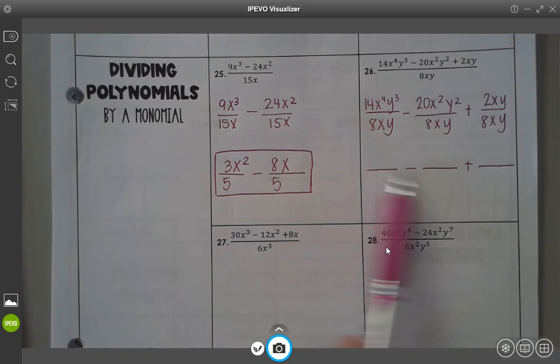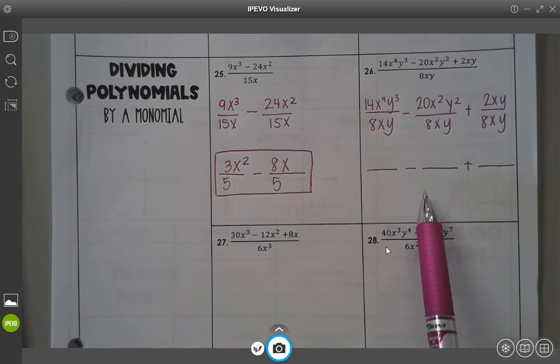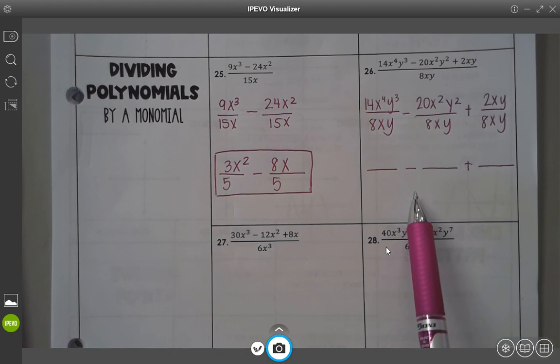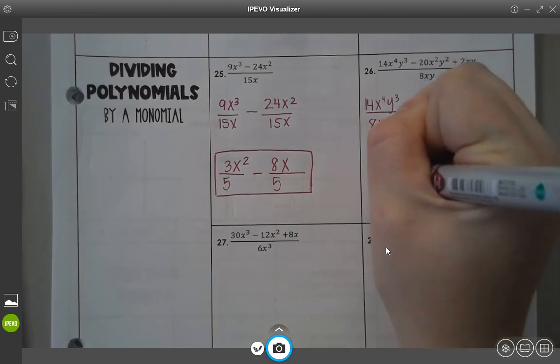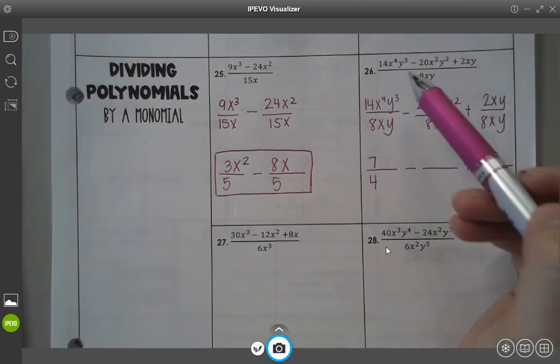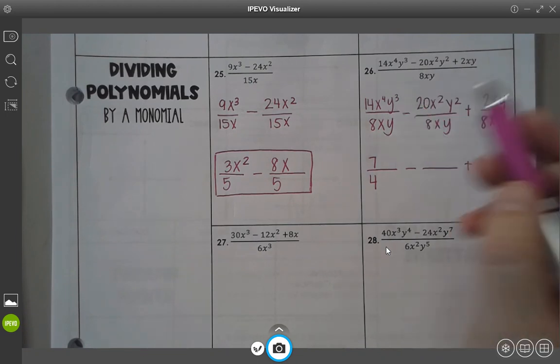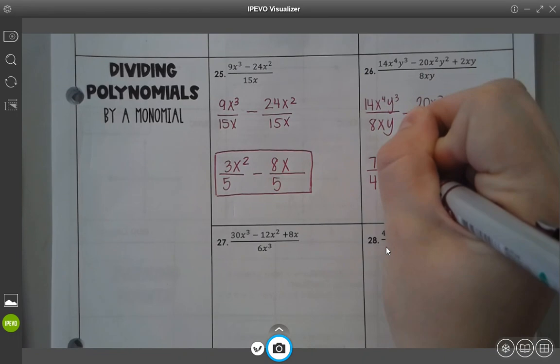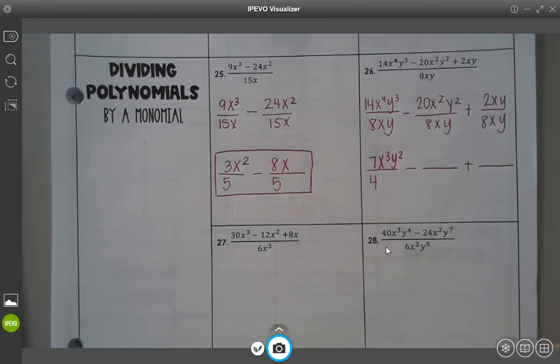You don't have to go ahead and set it up, but I think it makes it a little bit easier. So what does 14 over 8 simplify to? 7 over 4. And then what about the x's? Yep, so the x's, I'm left with x cubed on the top and y squared on the top.